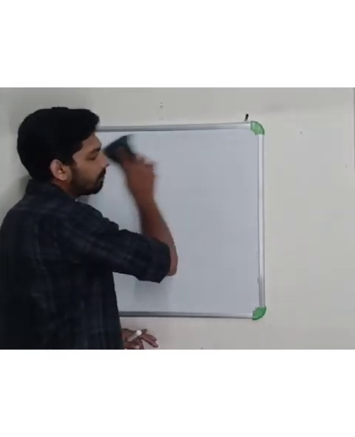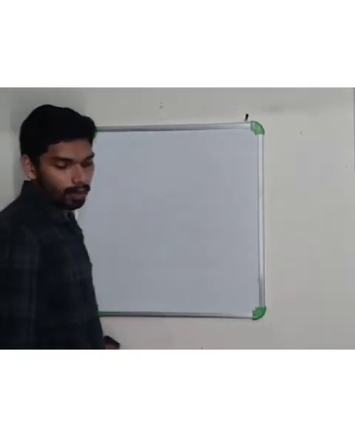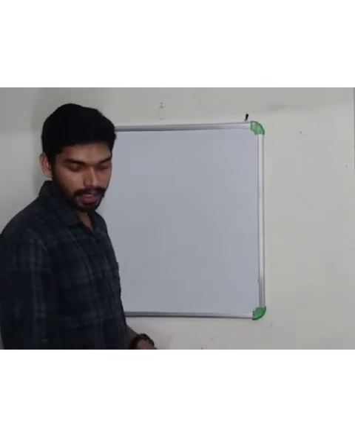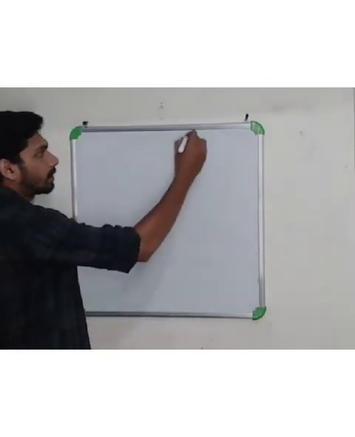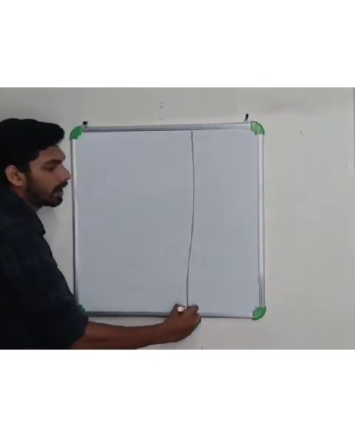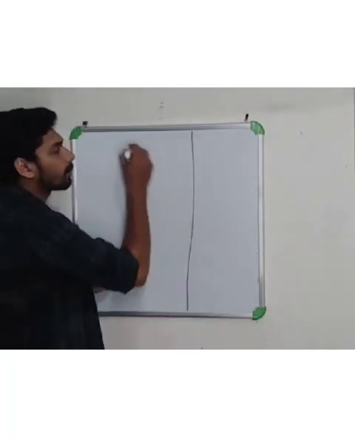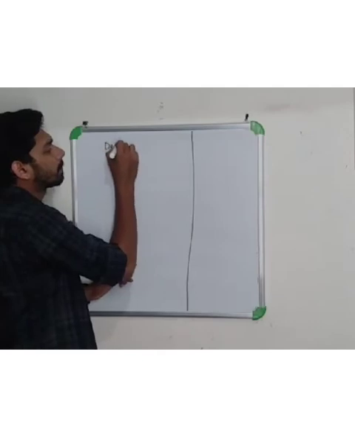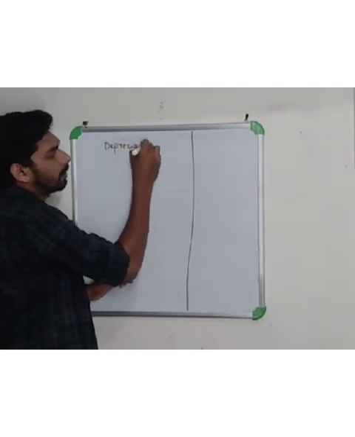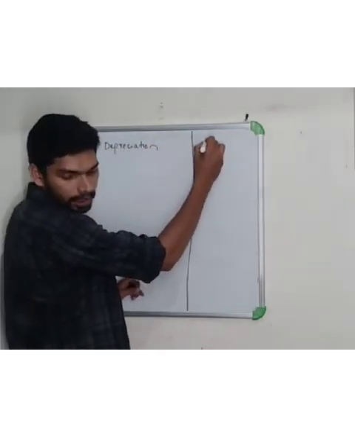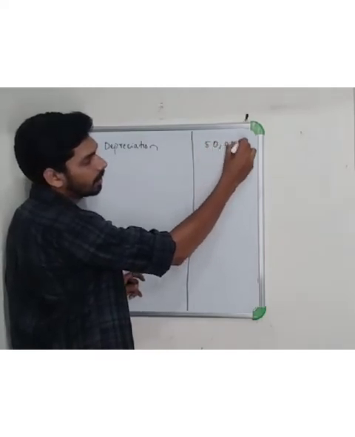Now we have to go for the example, and here I have the table. On the first column I have the particulars, and on the second column I have the rupees. The first particular is the depreciation, which is 15,000.